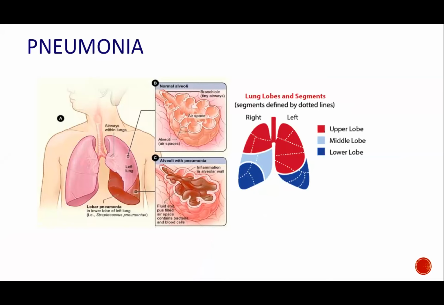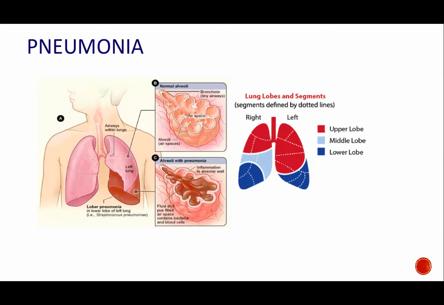If you look at pneumonia as an example, it is typically a bacterial infection involving the lung, typically here in the lower part of the lung. When someone describes left lower lobe pneumonia, that means the pneumonia is at this point in this part of the lung in the lower lobe.